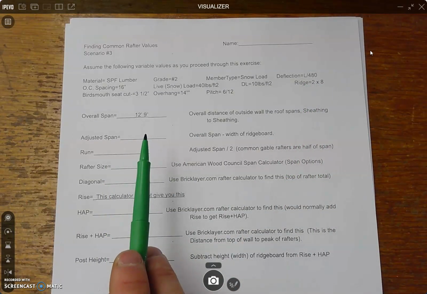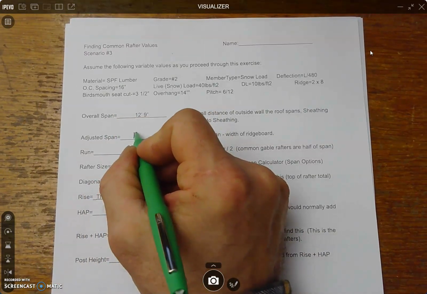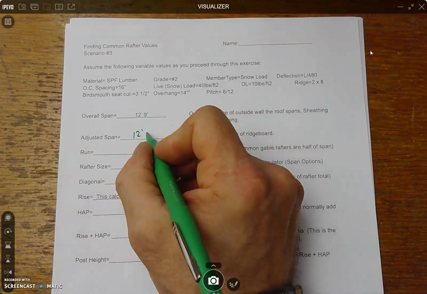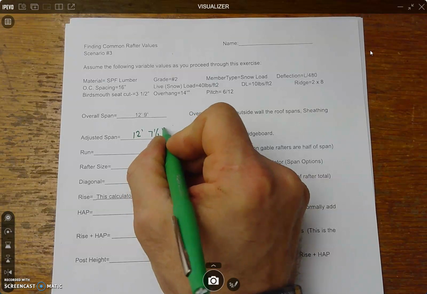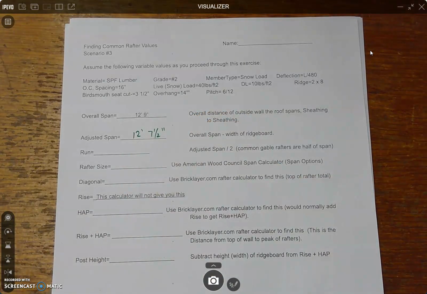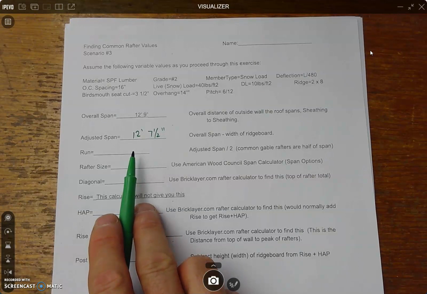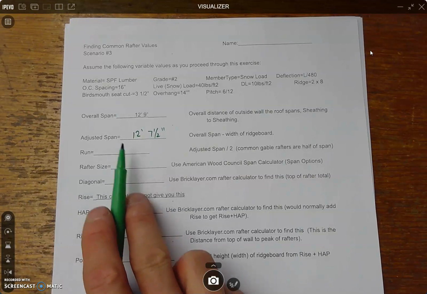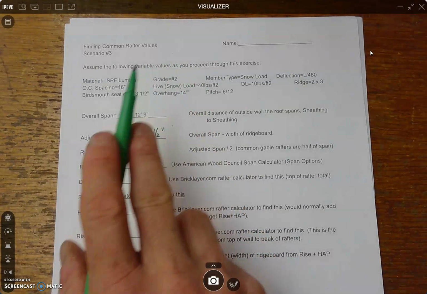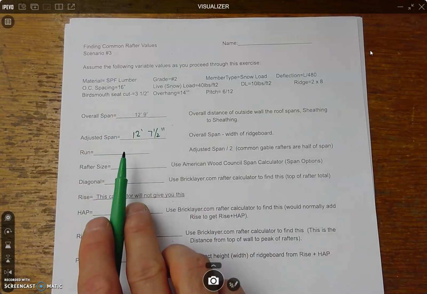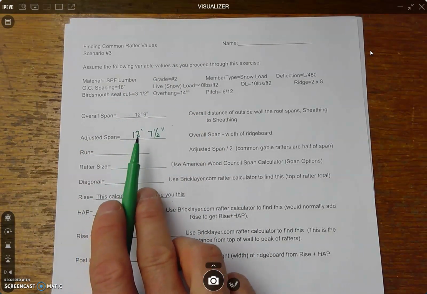So this minus 1.5 inches is going to be 12 feet, 7.5 inches. That is your adjusted span. And remember, each rafter in a gable roof covers half of this horizontal span, this adjusted span.